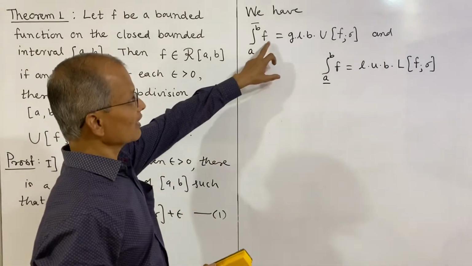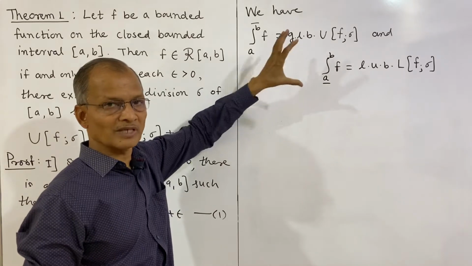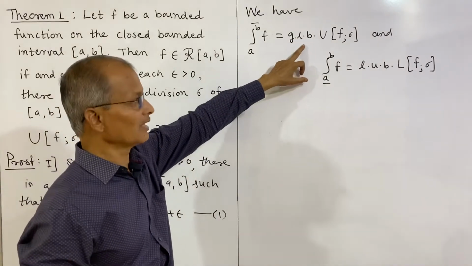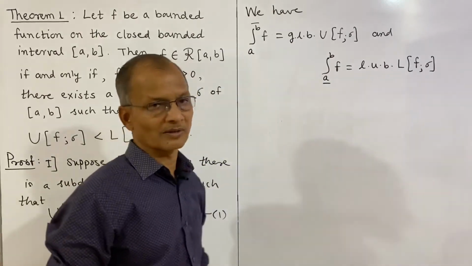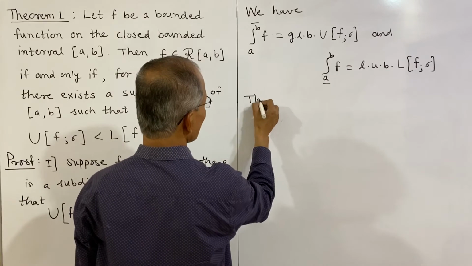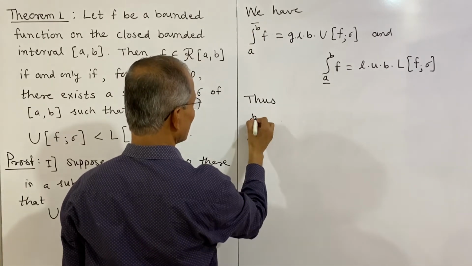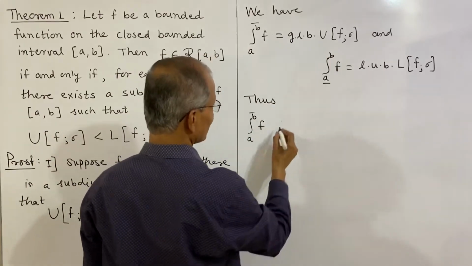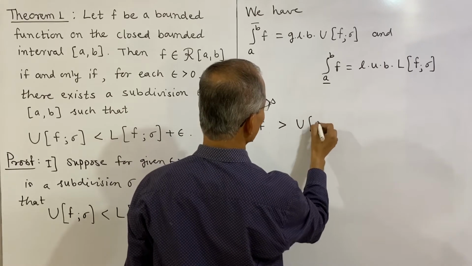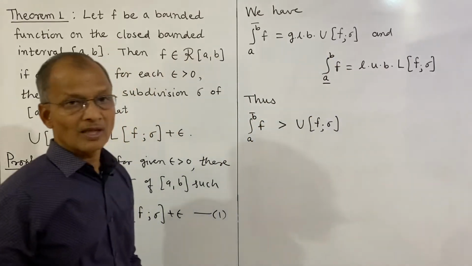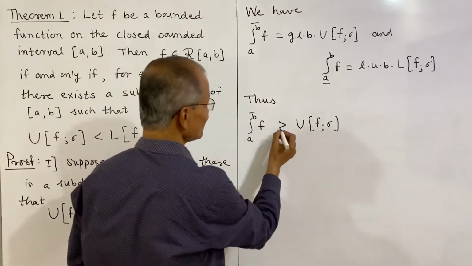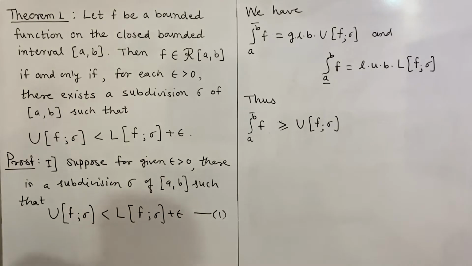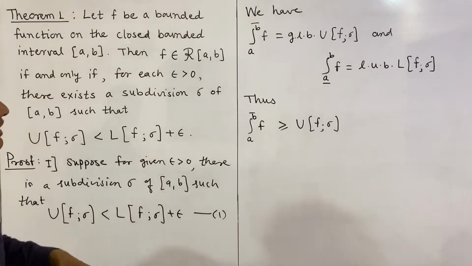See that the upper integral is the smallest value of the upper sums. Greatest lower bound is actually the smallest value of that set, and here the lower integral is the least upper bound, that is, the maximum value of the lower sums. Therefore, if you consider the upper integral and any upper sum, the upper sum will be greater than or equal to the upper integral, since this is the smallest value.